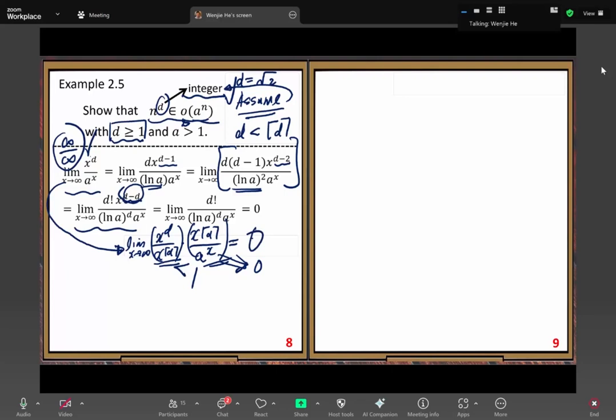The whole thing is 0. That's our final result. So even for non-integer d, we make that bridge and we get the same limit 0 result. Then we go back from the continuous version to the discrete version as before. So we proved it.